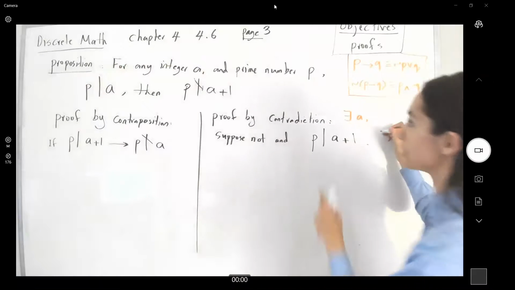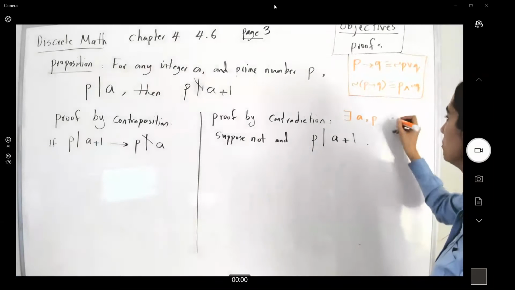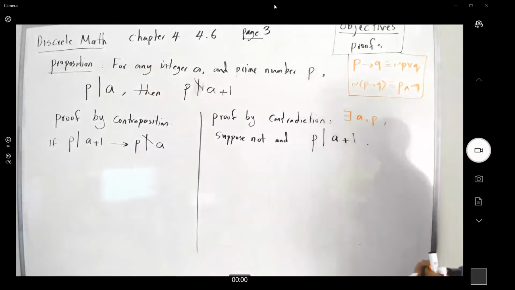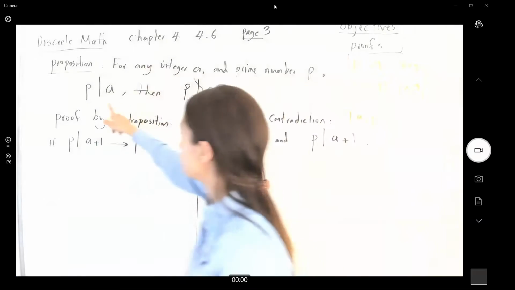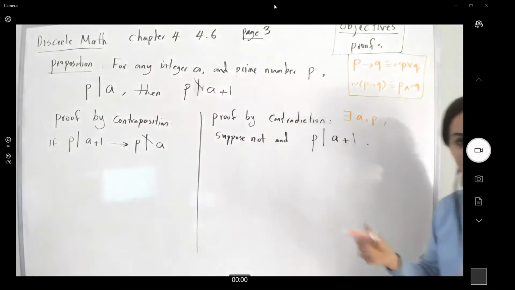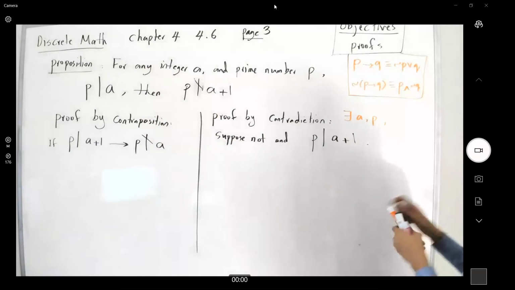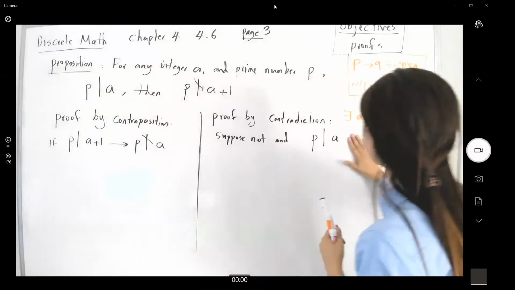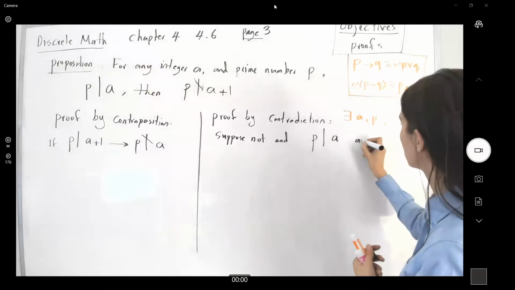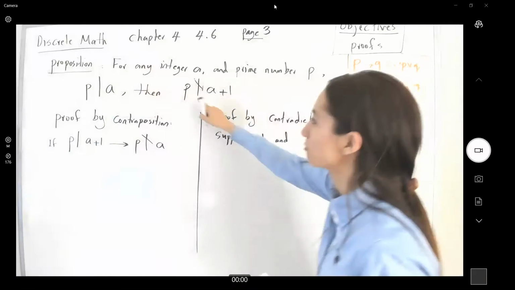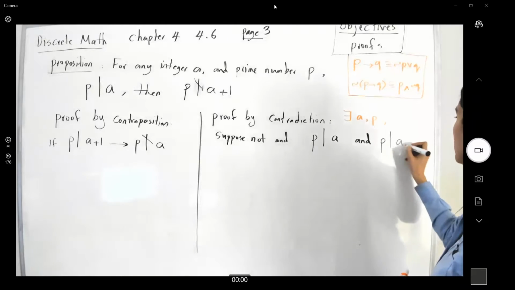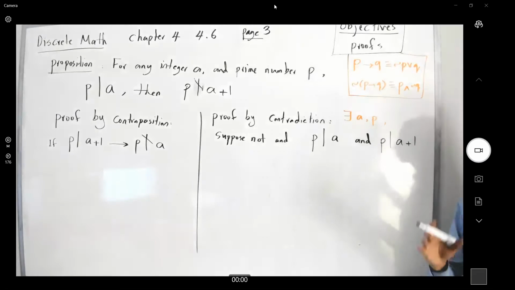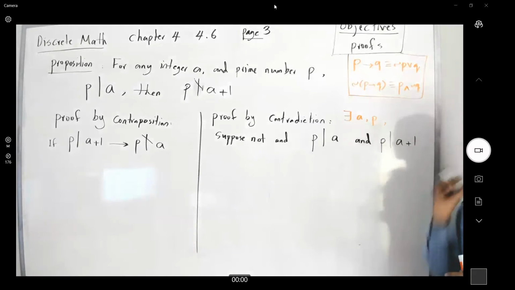There exist an integer a and a prime p such that P and not Q. What is my P? p divides a. That is the assumption. So p divides a, and the negation of p not dividing a plus 1: p divides a plus 1. So what's wrong here?